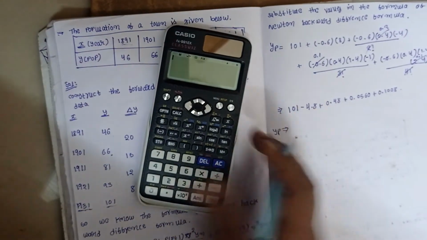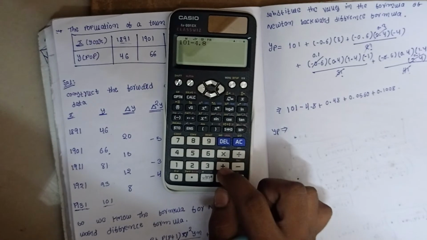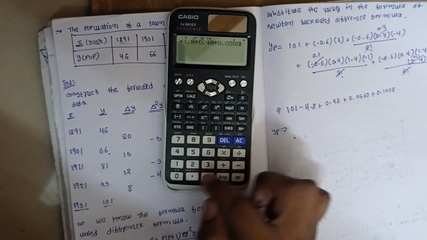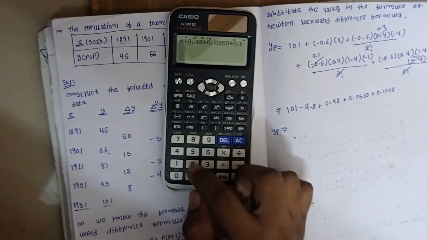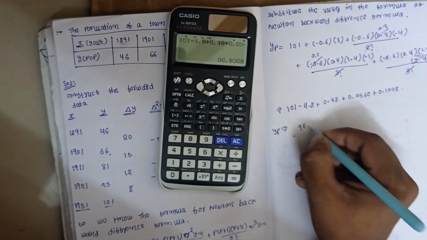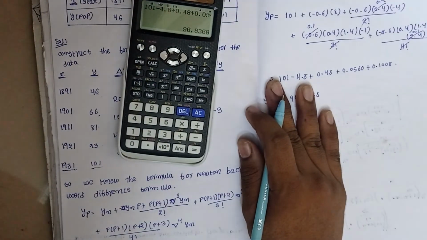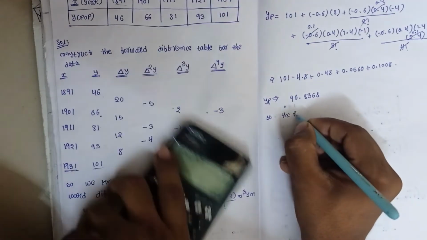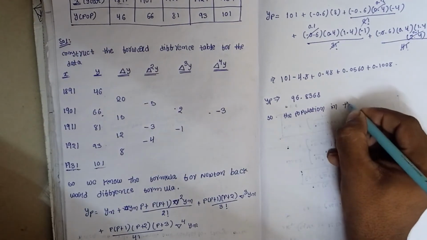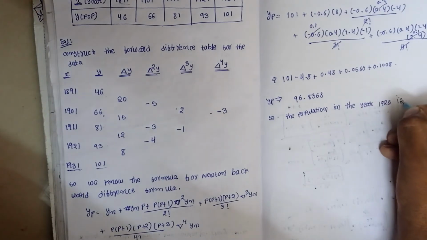Finally, all these values: 101 minus 4.8 plus 0.48 plus 0.0560 plus 0.1008, and the final value is 96.8368. So the population in the year 1925 is 96.8368.